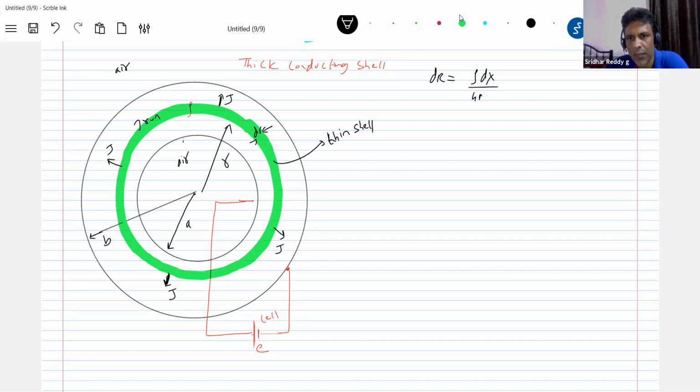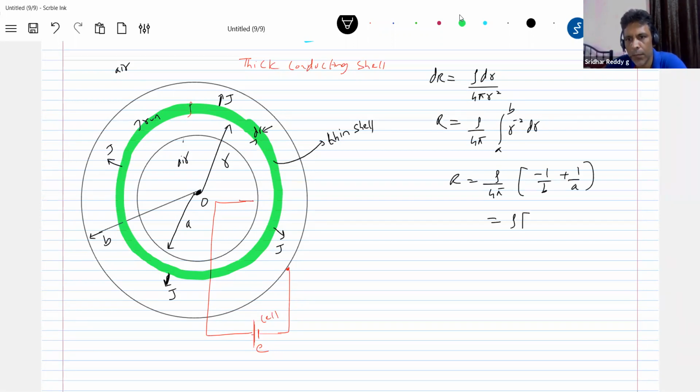What is the surface area of that? 4 pi r squared. So dR will be rho by 4 pi r to the power minus 2 dr. The resistance will be integrated from A to B, where all the material is present, the radius from A to B. R equals rho by 4 pi times (1/A minus 1/B), that is rho (B minus A) by 4 pi AB. So that is the resistance of the thick shell.